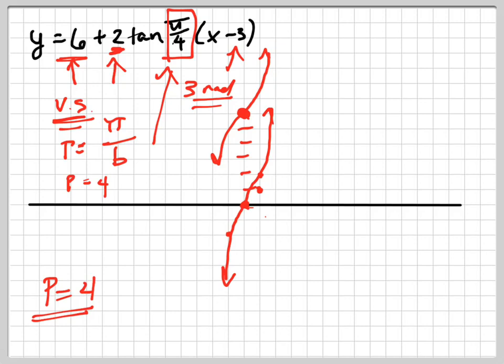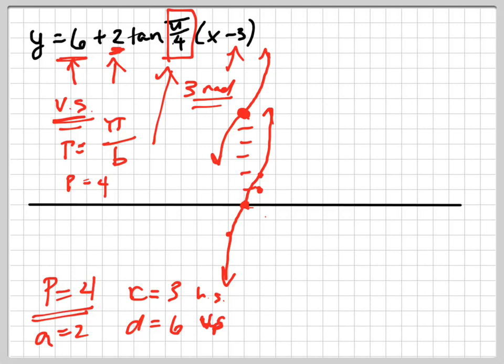The a equals 2, which just stretches the graph a little bit. C equals 3, which means the horizontal shift is 3 to the right. And D equals 6, which means the vertical shift is up 6.